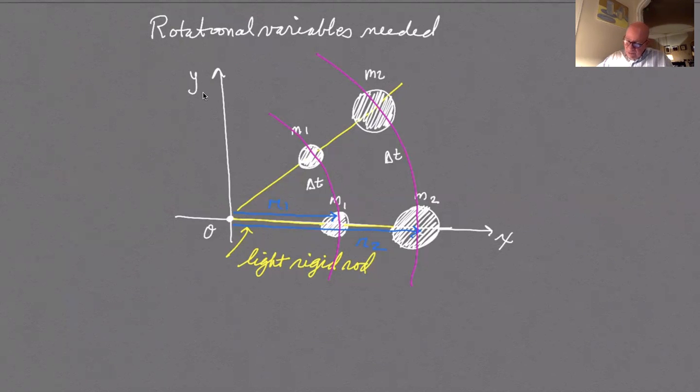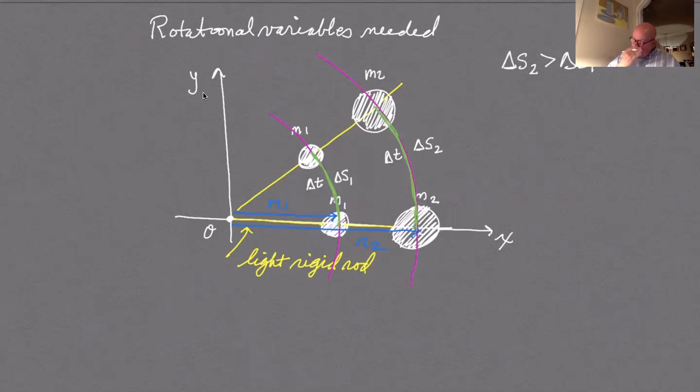Now clearly, it doesn't take a PhD in physics to realize that this object moved through a delta S1, and this object moved through a delta S2, where delta S1 and delta S2 are these arc lengths. And I hope it's clear also that delta S2 is greater than delta S1, okay?